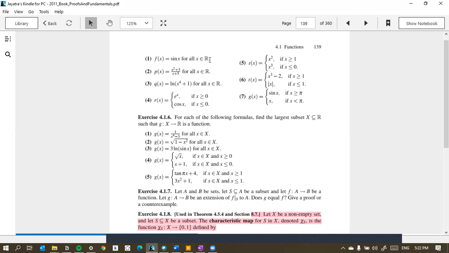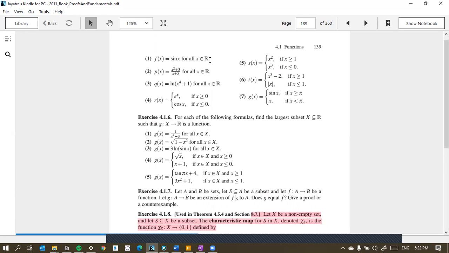Yes, we can. And given any x in R, is the value of sine unique? Yes, it's unique. If x is arbitrary, sin x cannot have two values. So yes, this is a proper function.